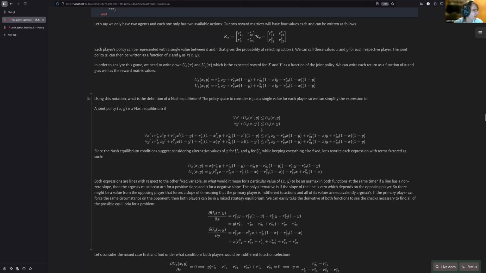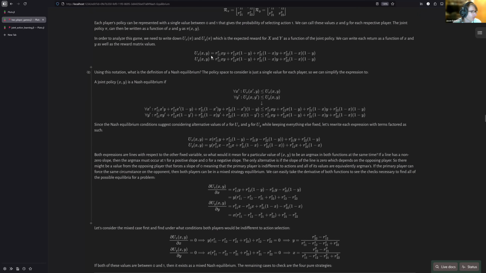And then you can also say, what are the equations for a Nash equilibrium? And really in order for it to be a Nash equilibrium, it means that no player can deviate from its action choice and have an improvement. But that's pretty easy to formalize. We can just write down the partial derivative of each return with respect to both X and Y. And this is the result.